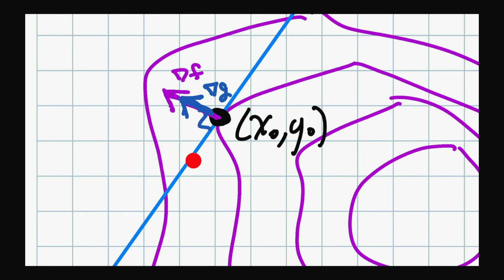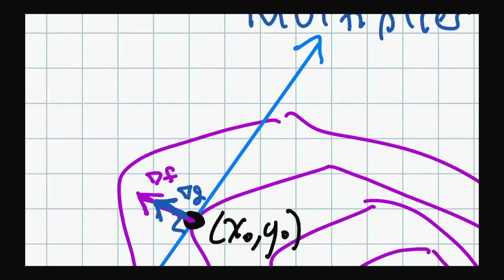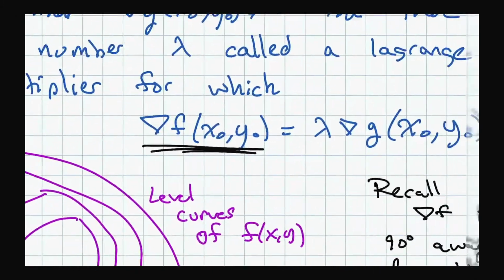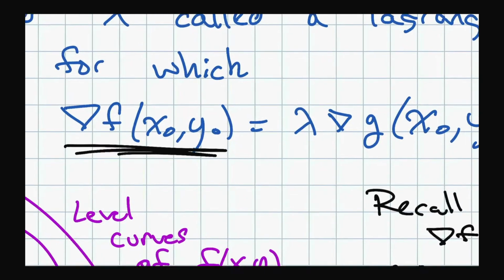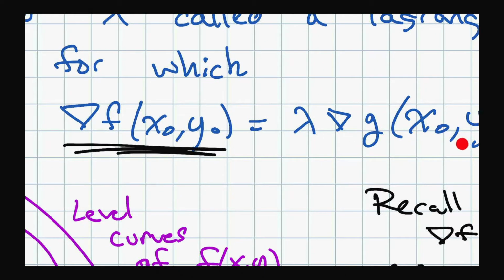The fact that they're tangent means their gradients are going to have to point in the same direction. And if you look at what this is really saying, this is a vector. So we're saying a vector is equal to a constant times another vector. So all we're really saying is that the two gradients point in the same direction. That's all that equation said.